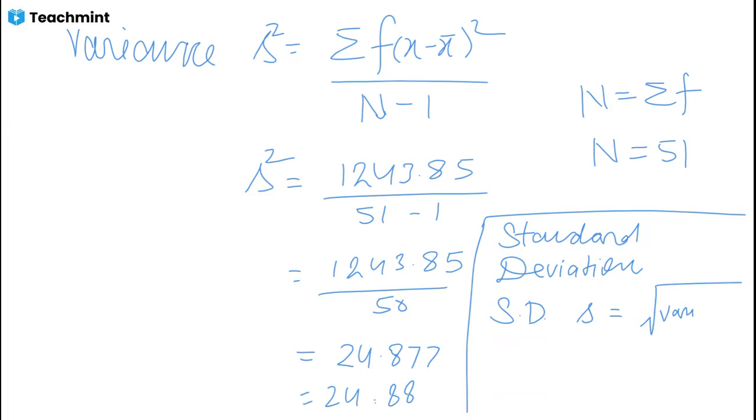Just take the square root of 24.88. So we have a standard deviation of 4.98. This is the required variance and standard deviation. So you got it?